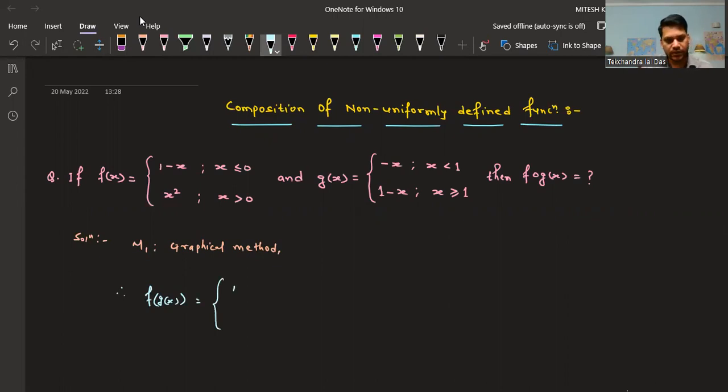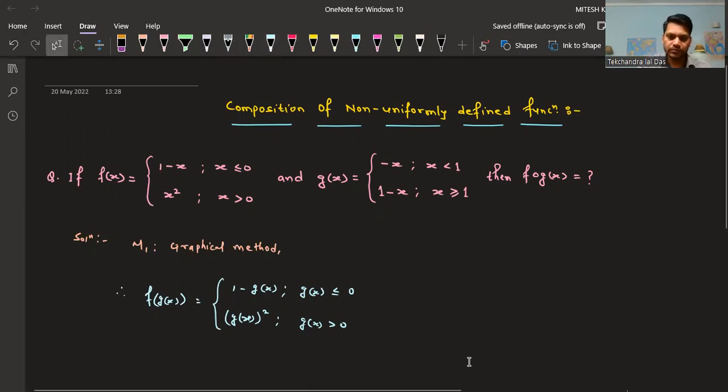Clearly this is 1 minus g(x), and this is for g(x) less than or equal to 0, and g(x) whole square, and this is for g(x) greater than 0. Now the next step is we have to draw the graph of the g(x) function.